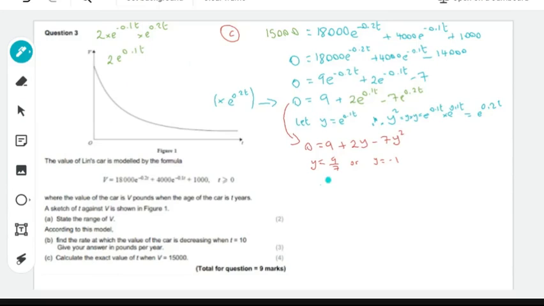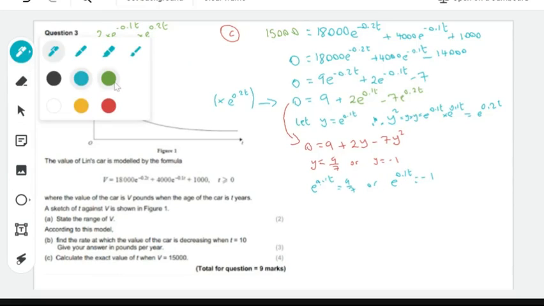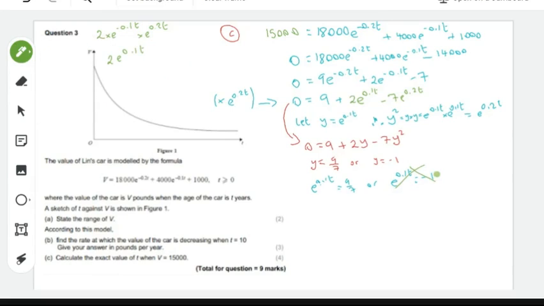So okay, cool. So y was equal to e to the power of 0.1t. So e to the power of 0.1t equals 9/7, or e to the power of 0.1t equals -1. But does it? No, it does not, because e to the power of something can never be negative. Because here there are no real solutions.